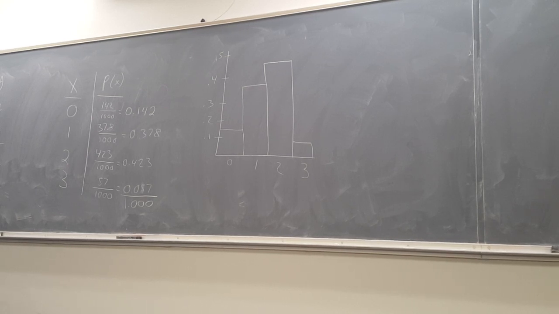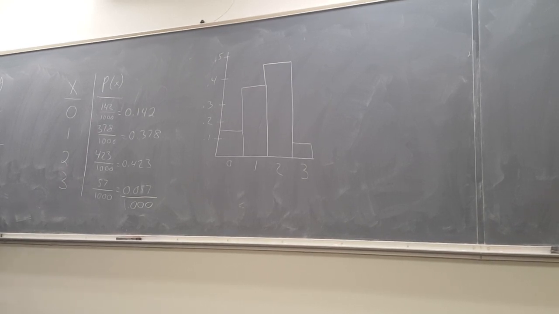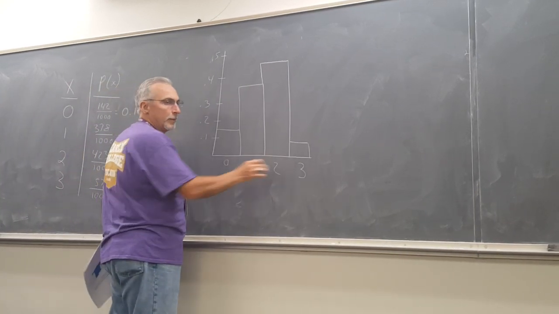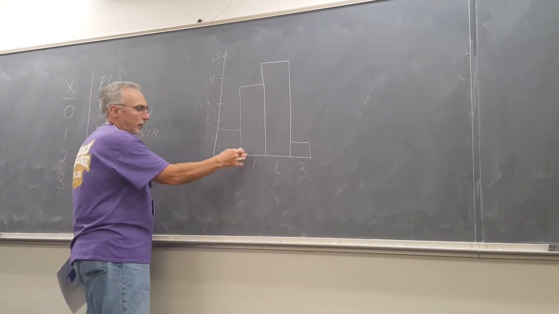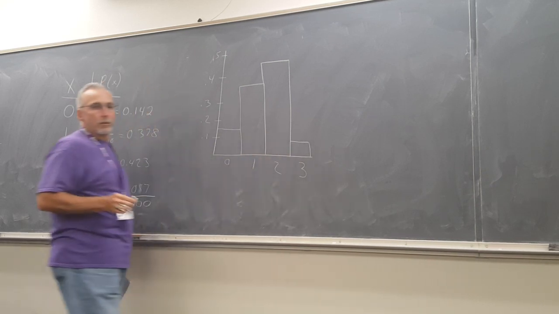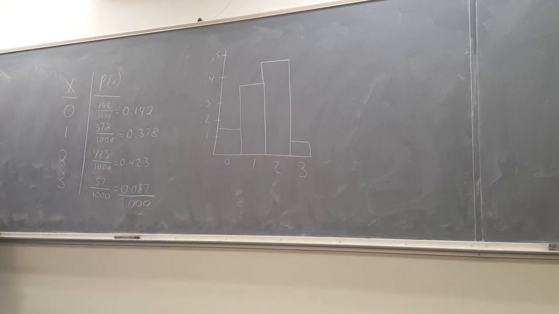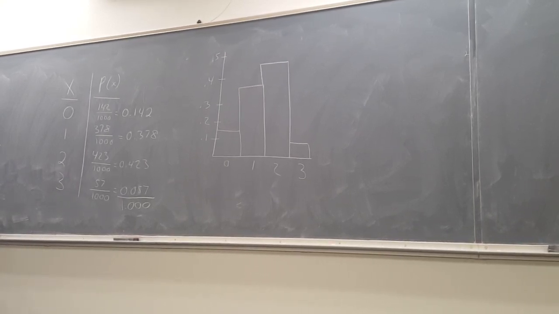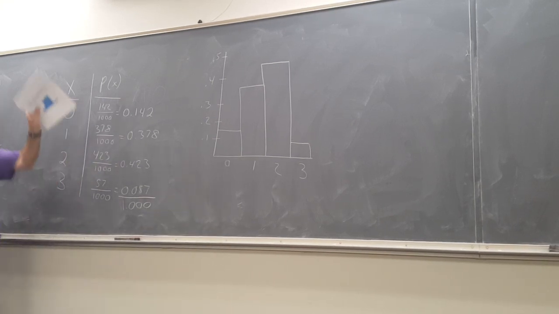And again, one thing is when you look at a book or look at what different instructors do, when it's discrete, I like to put the value in the middle. It's not wrong to put it at the right, or at the class end, but I like to put it in the middle. Now, the other thing I like to do, I don't remember if she does it, so if she does it, you don't have to. Just because, when you look at a graph, if you don't have the distribution, you don't know exactly what the number is.